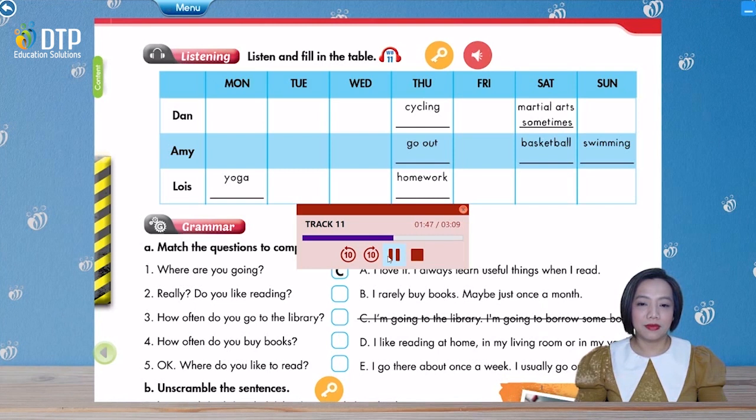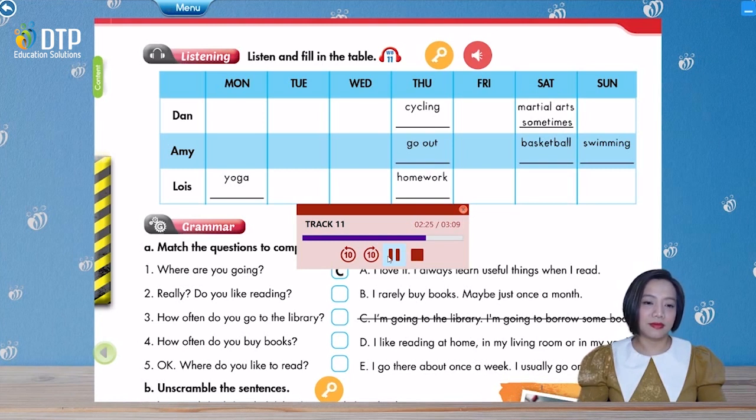Now, listen again. 1, Dan, do you go to the sports center? Yeah, I do. I sometimes do martial arts on Saturdays. 2, What about you, Amy? What do you do at the sports center? Oh, I usually go swimming on Sundays. 3, Dan, did you know that Lois also goes to the sports center? Oh, really? What does she do there?